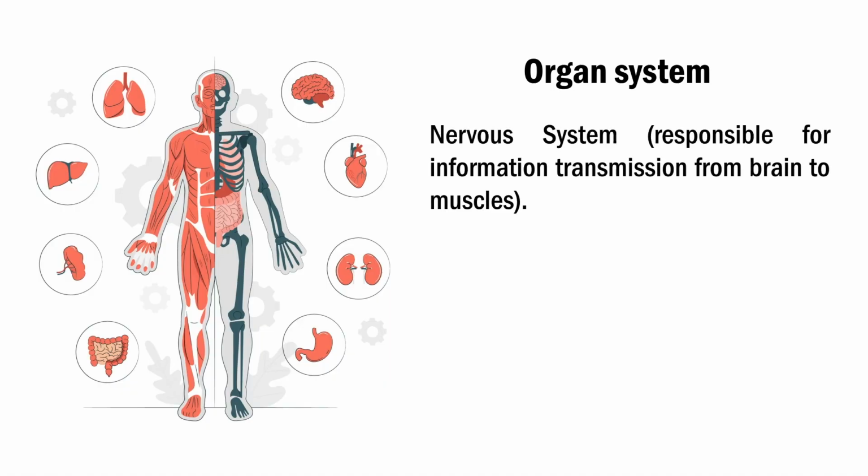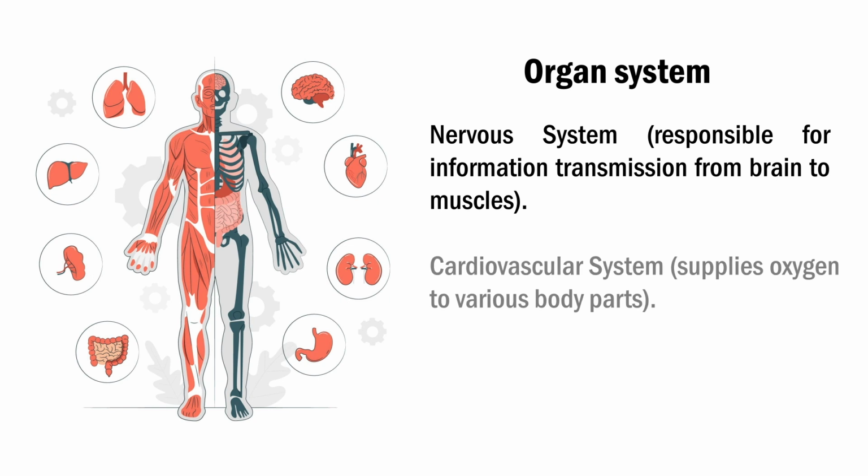Now coming to the nervous system, which is the most important organ system and responsible for information transmission from brain to muscles. Next one is the cardiovascular system, which supplies oxygen to various parts of the body by the pumping action of the heart.